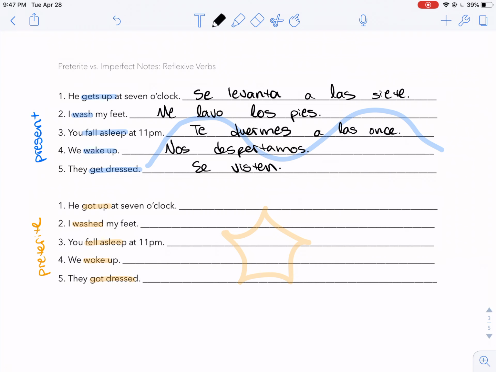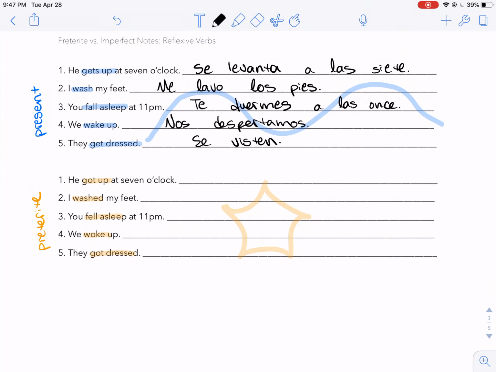So good. And then finally, using our preterite endings. He got up at 7. Se levantó a las 7. I washed my feet. Me lavé los pies. You fell asleep at 11. Te dormiste.